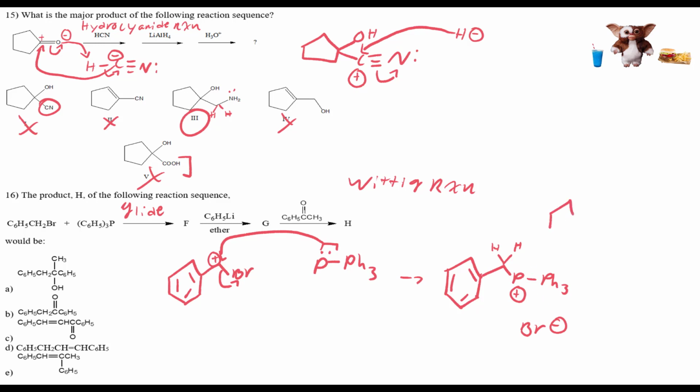And remember that Grignard reagents are very, very basic. It's so basic that it's going to rip one of these hydrogens from the carbon. Actually, this carbon picks up this hydrogen. Okay, we now have this right here.